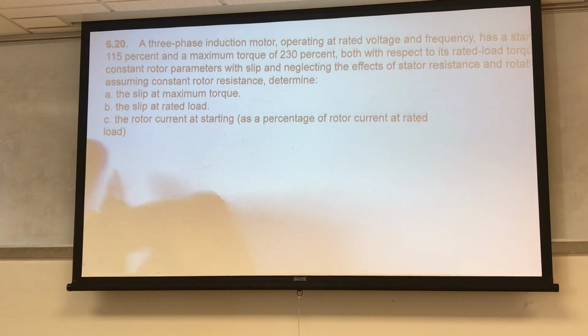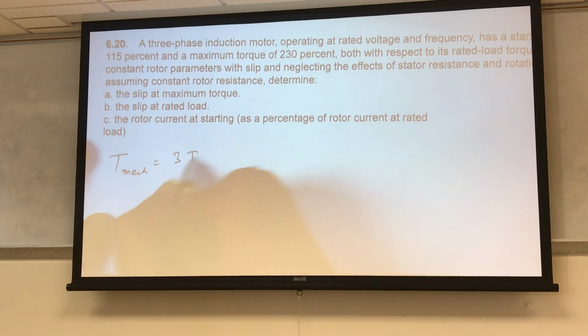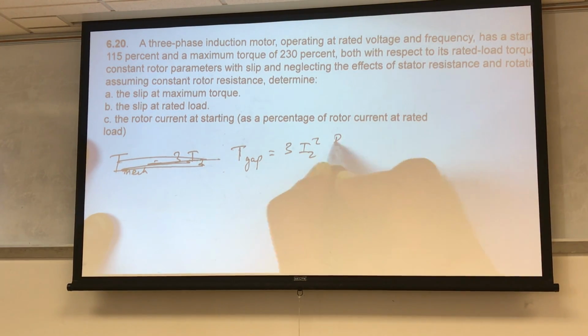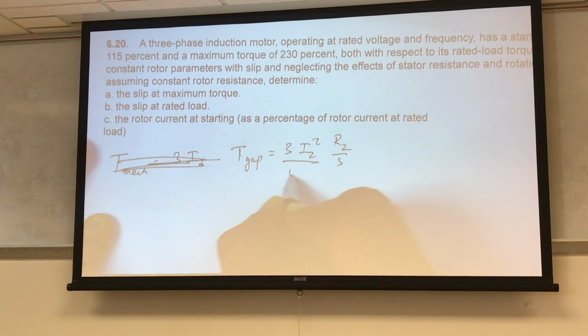So how do you find torque? It's just the air gap power equals 3 I2 square R2 over S, divided by omega e, right?